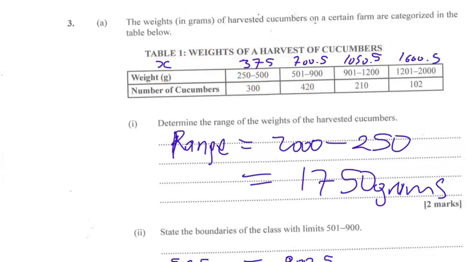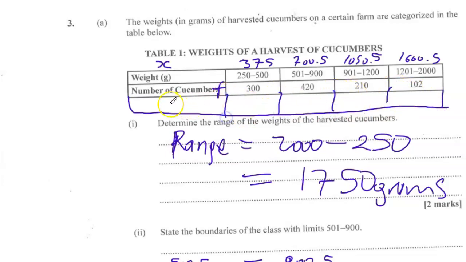So sum of fx, so f times the number of cucumbers here. Let me do an fx column. I put fx in this row here, which is the frequency times the mid-intervals. Let's do the calculations.